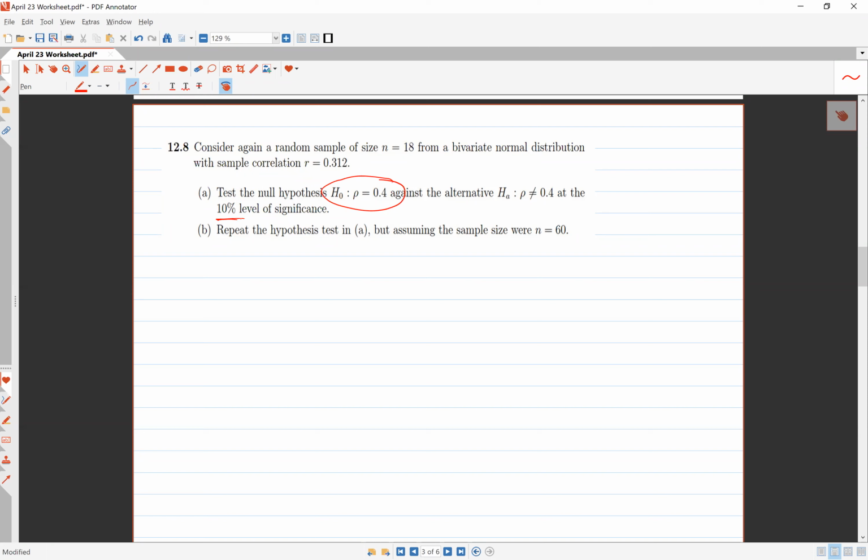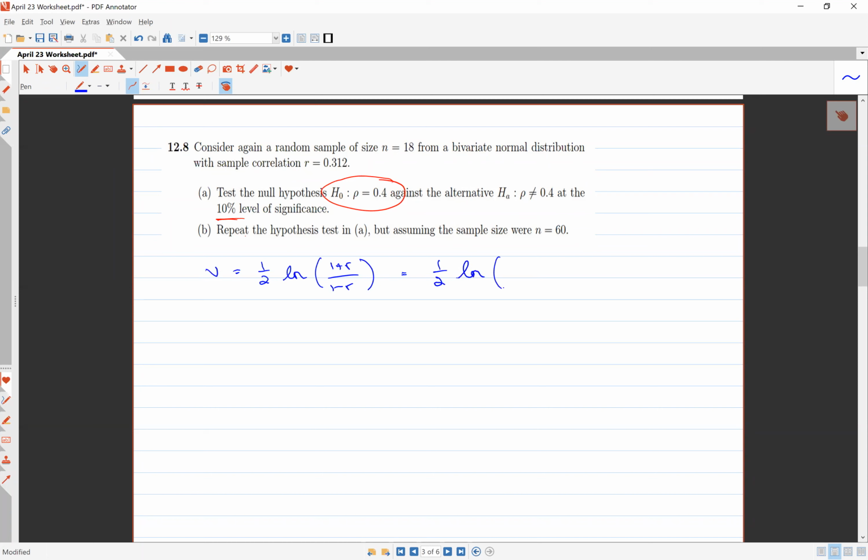So now we're going to use a different test. If your null hypothesis has a correlation different than 0, it becomes a much more involved process. We have to transform our correlation coefficient to what I'll call the V scale. We have this transformation V is equal to 1/2 times the natural log of (1 plus r) over (1 minus r).